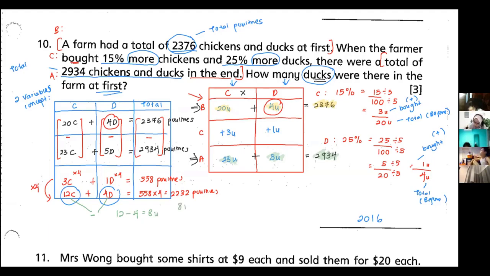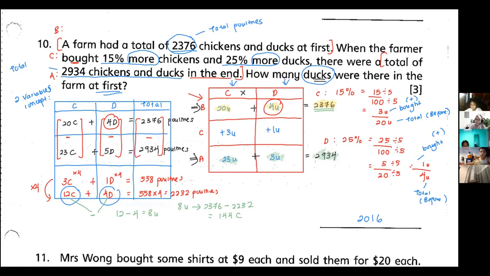So 8 unit represent 2232. The first information, this total, 2376, take away your 2232. This will give you 144 chicken, because I'm getting rid of my duck first.